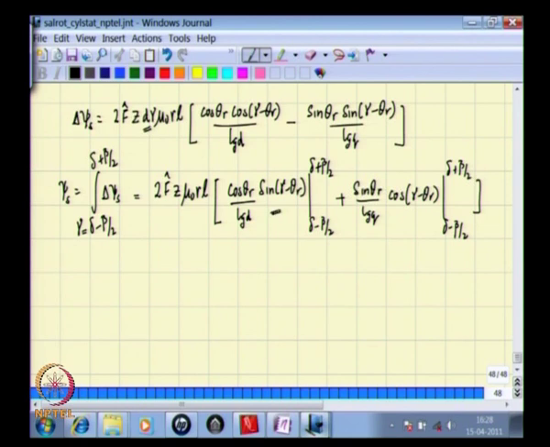And again let us take a look at the first term, that is sine of delta minus theta r plus beta by 2 minus sine of delta minus theta r minus beta by 2, that is the sine a plus b minus sine a minus b form. So that is 2 times cos of delta minus theta r into sine beta by 2.